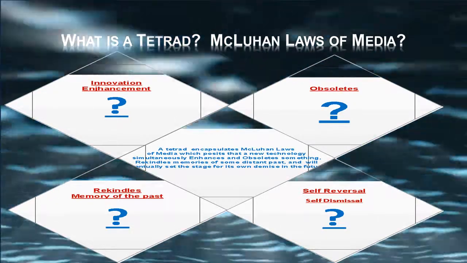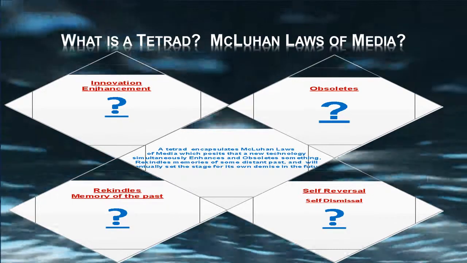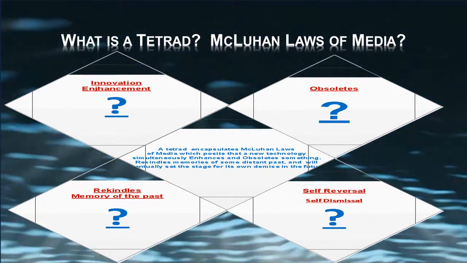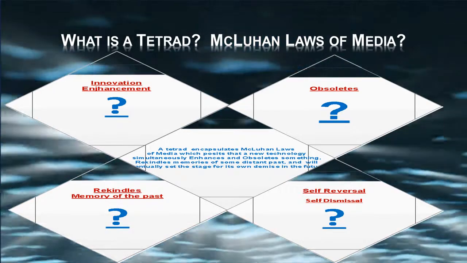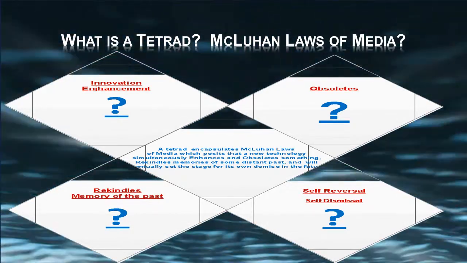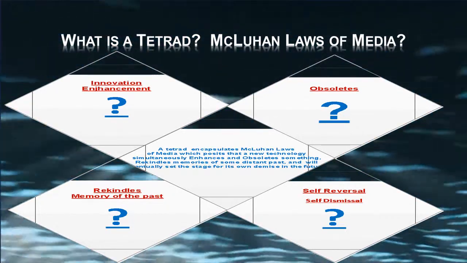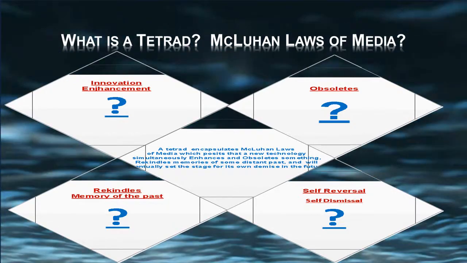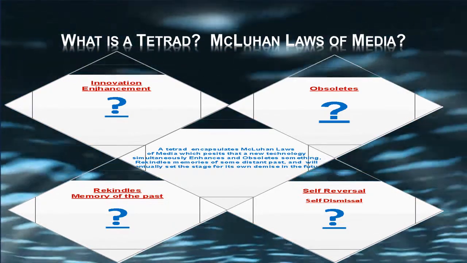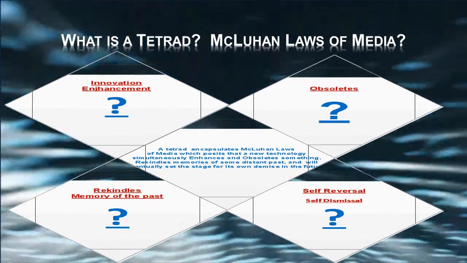The third quadrant, on the lower left hand side: what does this new technology do that retrieves something from the past, sometimes from the distant past. And the fourth and last quadrant, on the lower right hand side: what does it set up?